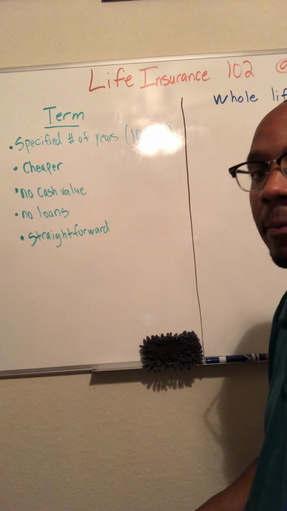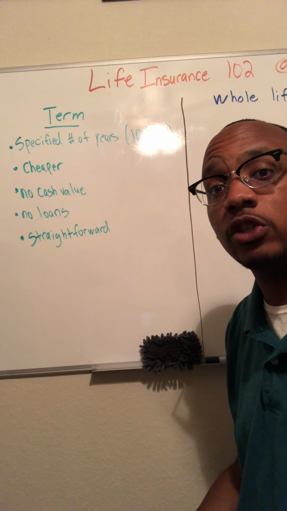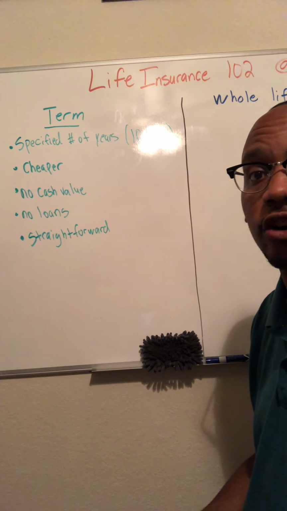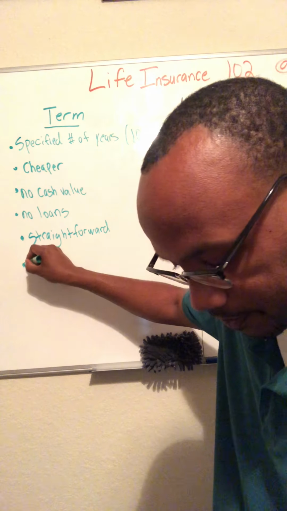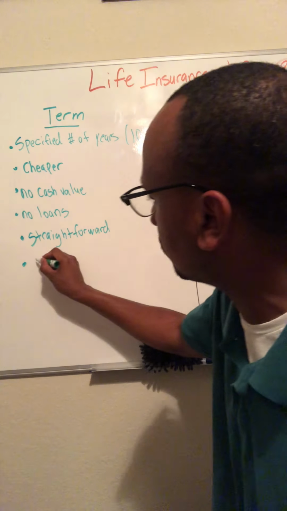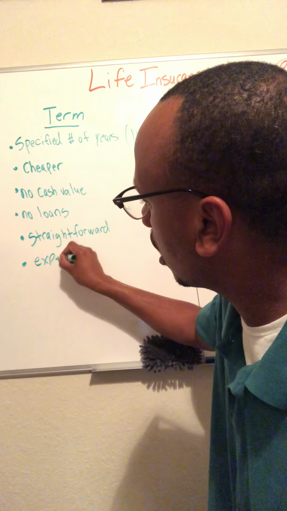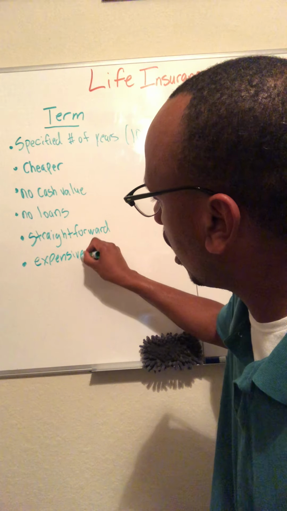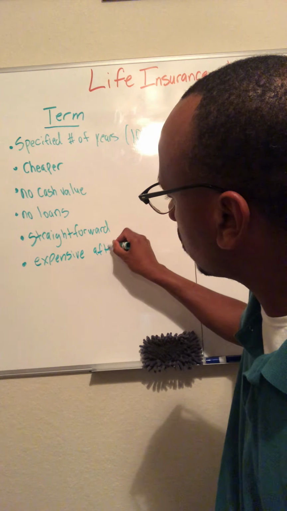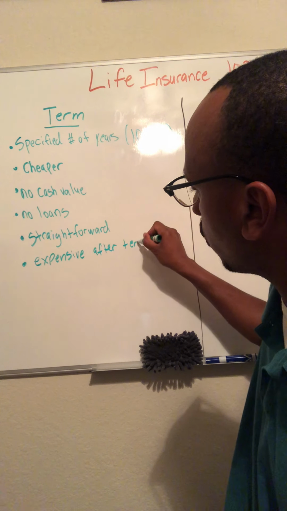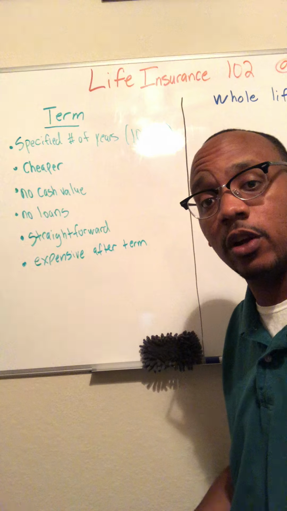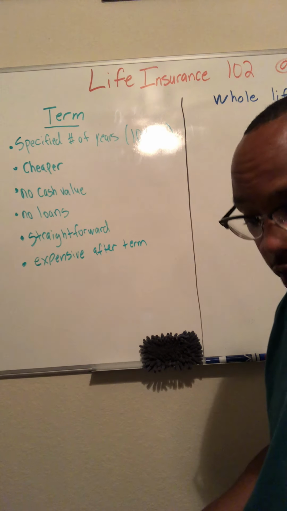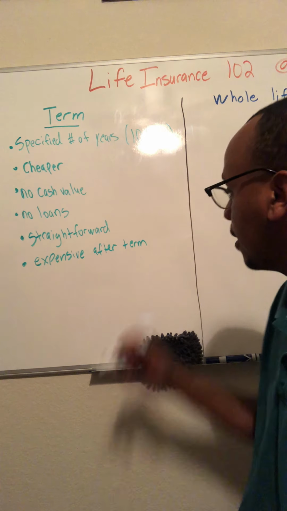But one thing I want you to know about term insurance is insurability. Once the term runs out, it gets expensive. So let's say you don't quite get in position that you need to be in financially. It'll get expensive after the term expires.